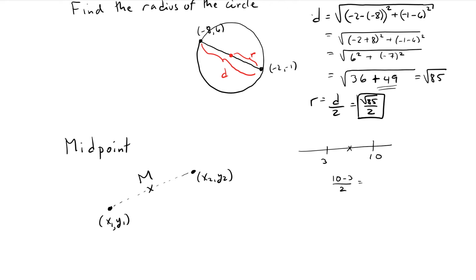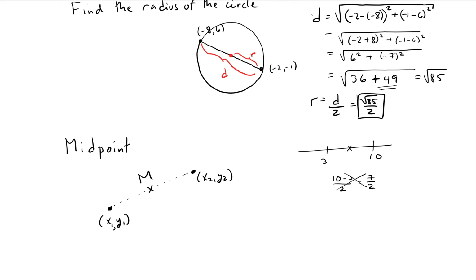If you do this, you can check, you're going to get 3.5. So imagine that, you know, this is 3, 4, 5. So 3.5 is right there. It's clearly not in the middle. So clearly there's a mistake that we're making when we're doing this. So this is not what we want to do. We can use that eventually, but that's not what we want to do.